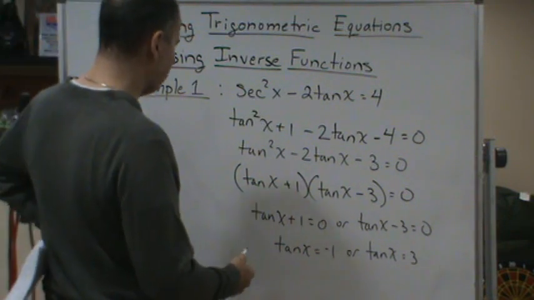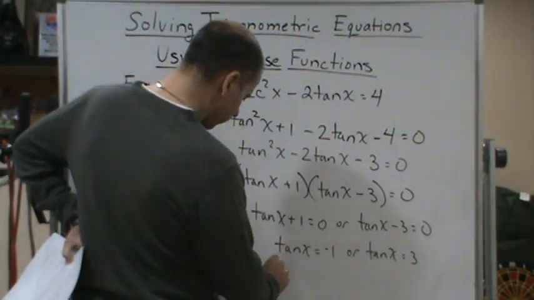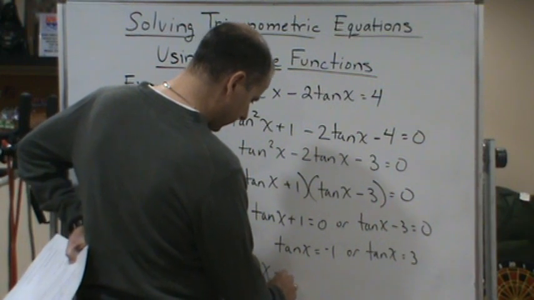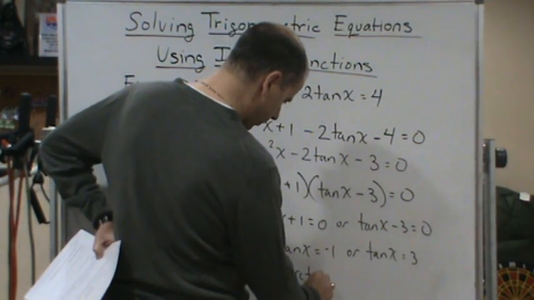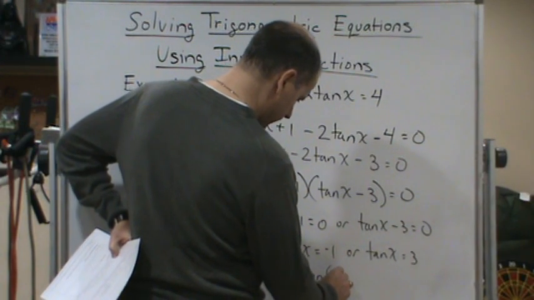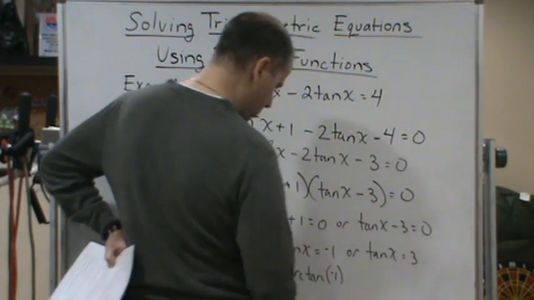So if we're talking about arctangent, we know that x is going to equal the arctangent, or the inverse tangent, of -1.